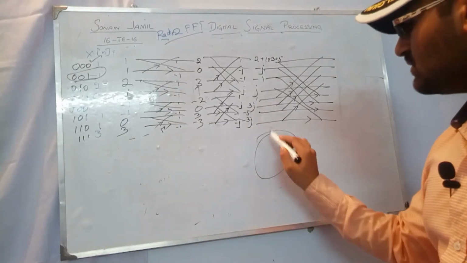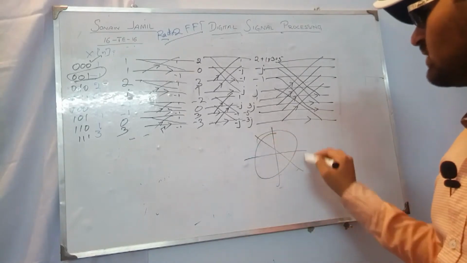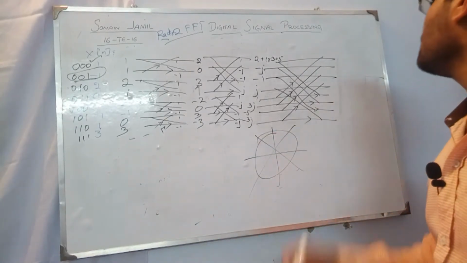In this case, you will have to divide the circle into 8 equal parts.